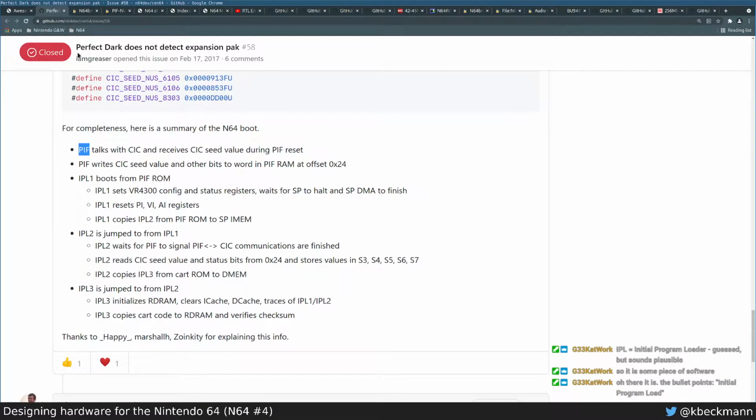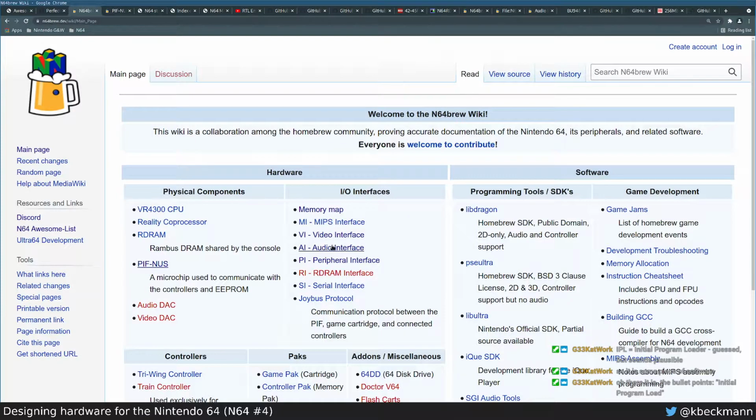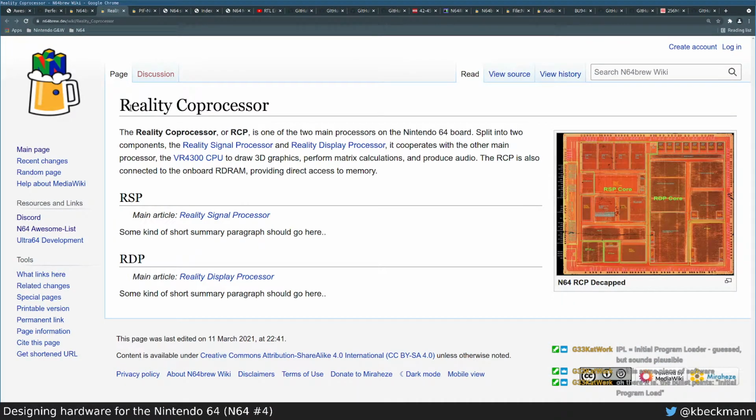If we go back here to the process, it boots from the ROM, sets up some stuff, and then it copies the second stage bootloader from ROM into memory. ASP stands for the signal processor, I think. Inside of the reality coprocessor, we have the signal processor and display processor.